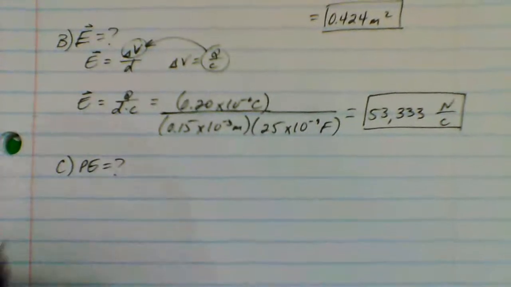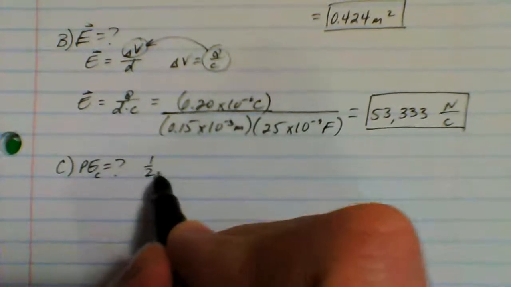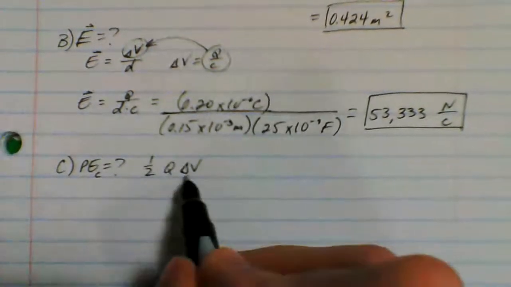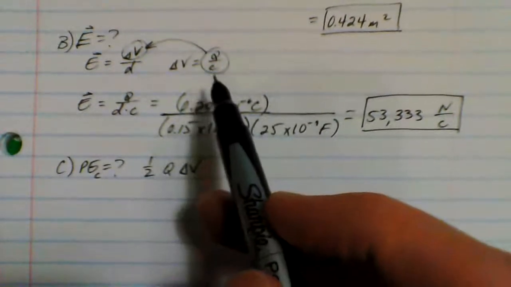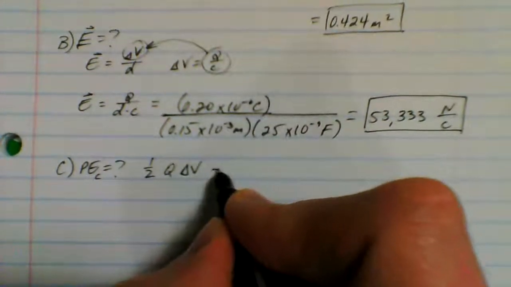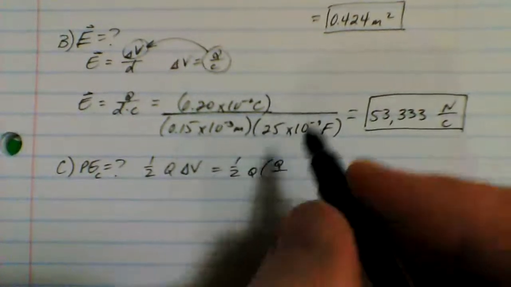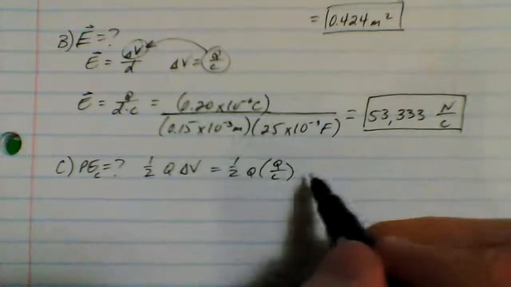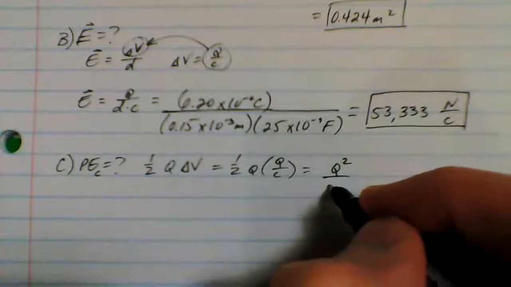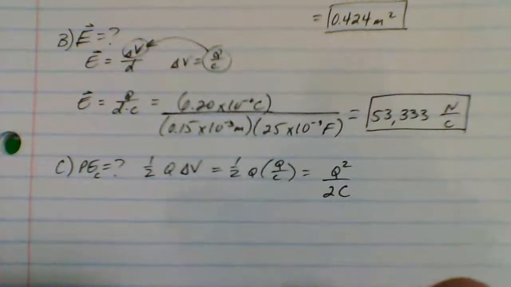So what we have to do is say our potential energy is equal to, for a capacitor, 1/2 of Q times delta V. Again, we do not know delta V, but we do know that delta V is equal to Q over C. So we're going to go ahead and plug that in and say equals 1/2 Q times Q over C. That's ugly and imperfect, so we're going to say equals Q squared over 2 times the capacitance. And that's the equation we're going to use to solve this out.